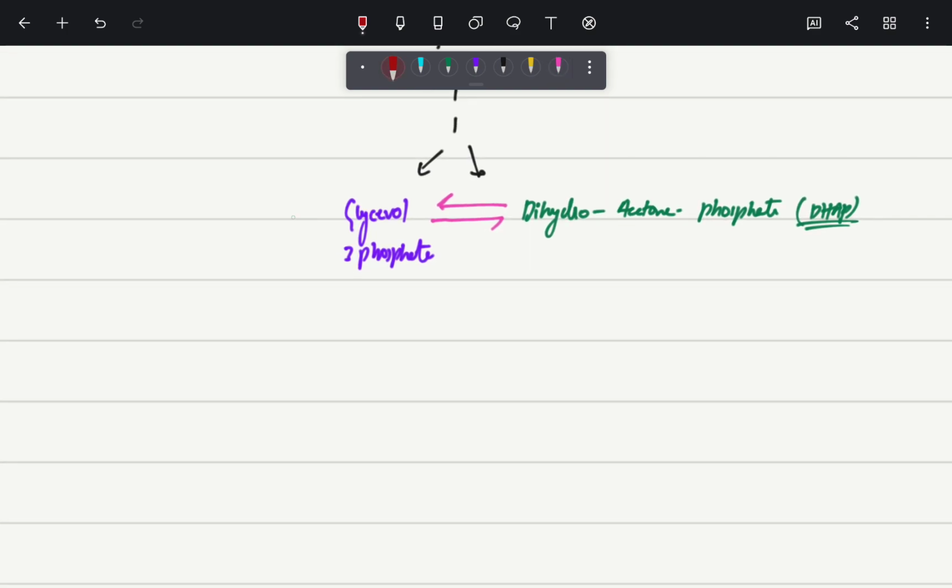Now this glycerol 3-phosphate is also known as triose phosphate.